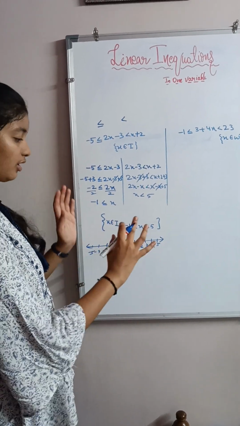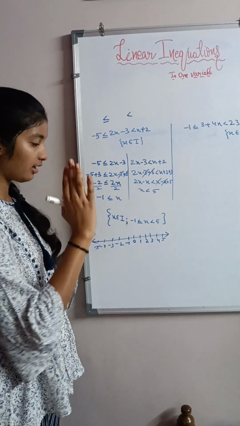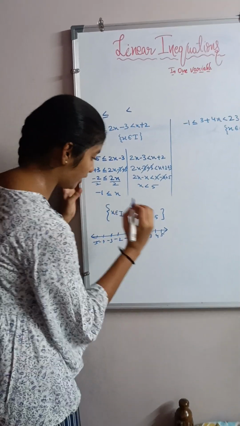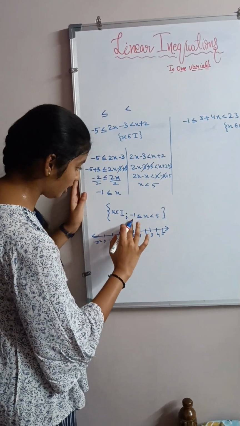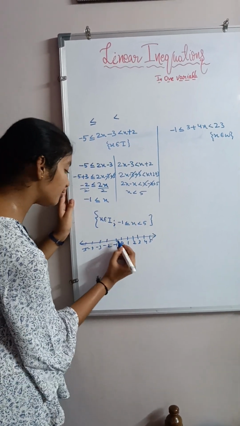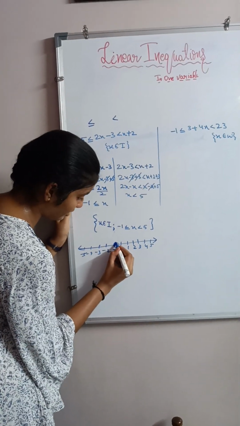We can write any number of numbers, but it should be greater than or equal to the number that we should notate. So here minus 1 is less than or equal to x. Then what we need to do, minus 1. We need to shade this off.